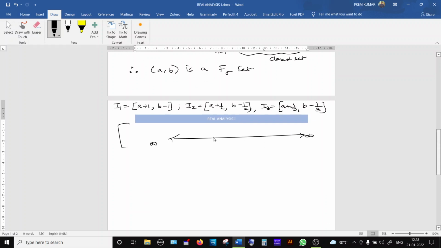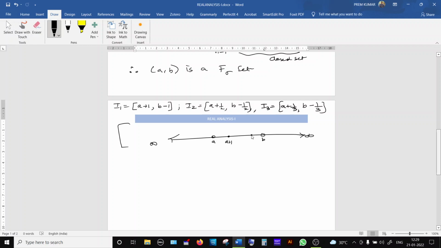Suppose I put a hole here, that is A, and this is B. So A plus 1 is somewhere here, and B minus 1 is somewhere here.